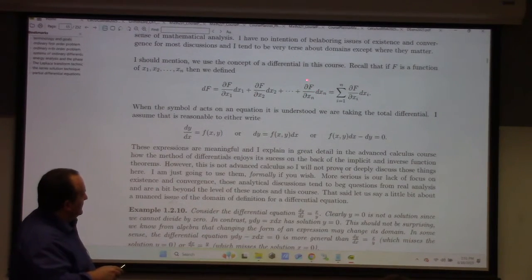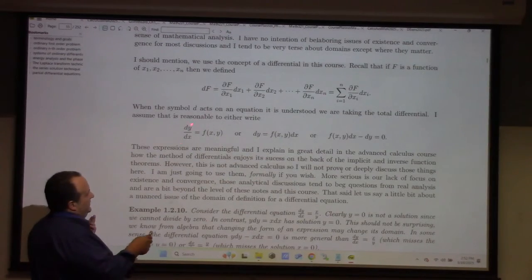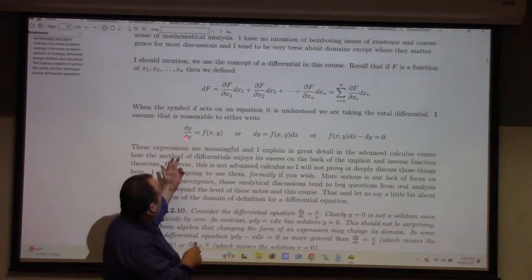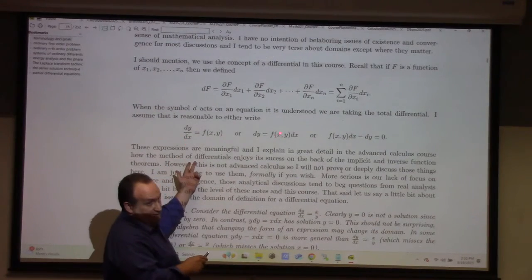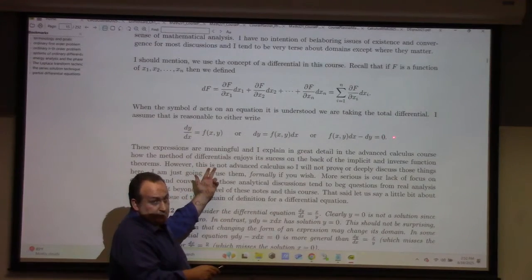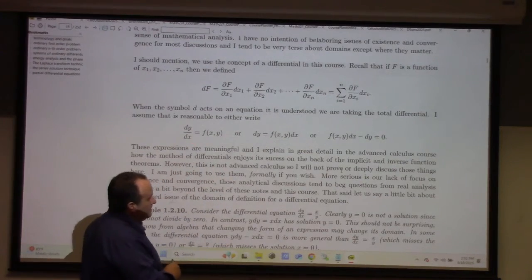This is the total differential, and we can use that kind of notation to trade. So this differential equation we could trade, formally speaking, by multiplying both sides by dx to get that. Or we could also rewrite it as that. This is the so-called Pfaffian form of this differential equation.